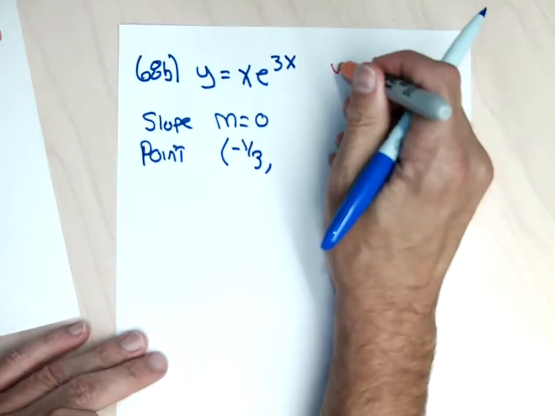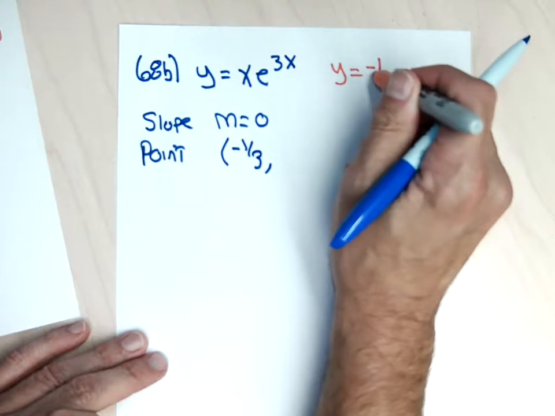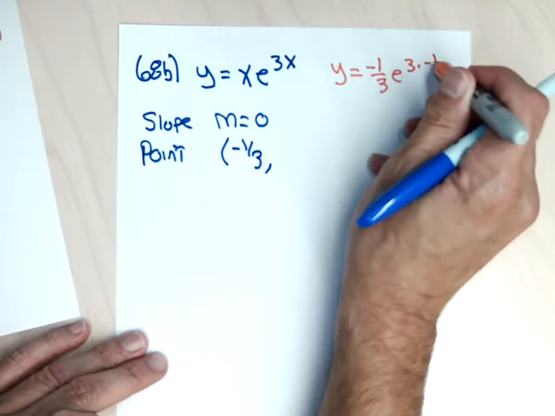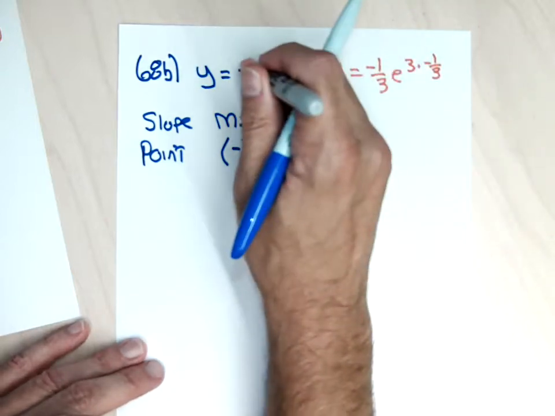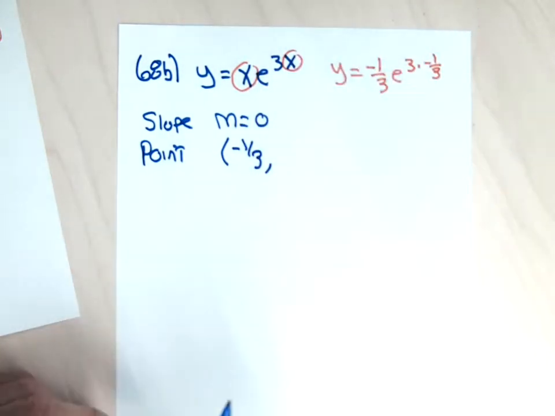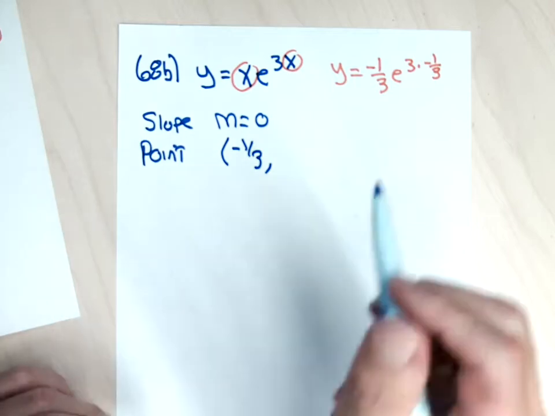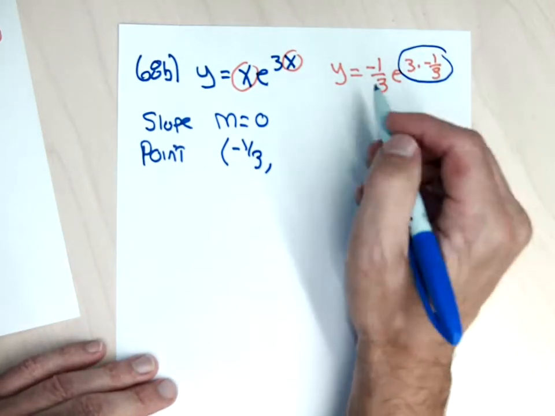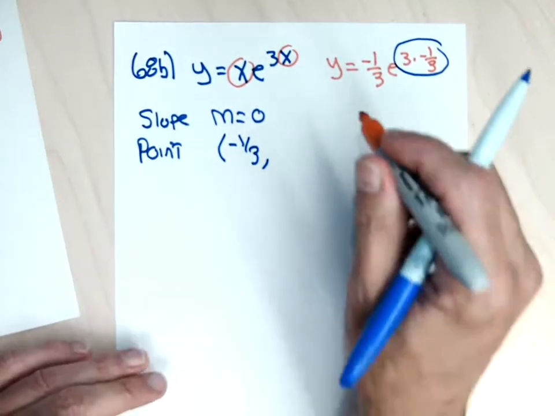So I'm going to go y equals negative 1/3 e to the 3 times negative 1/3 by taking each one of the x's in the original function and changing it to negative 1/3. And the exponent, those are reciprocals, but they're opposite signs, so those are going to multiply out to be negative 1.